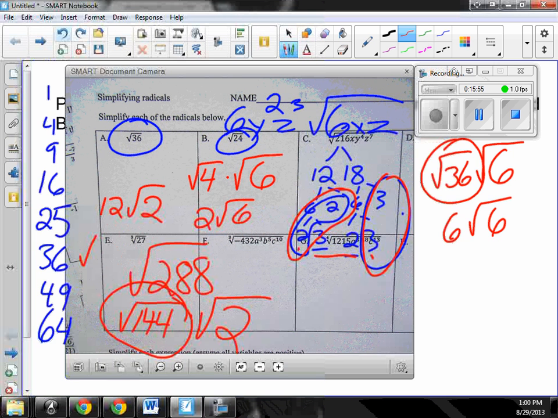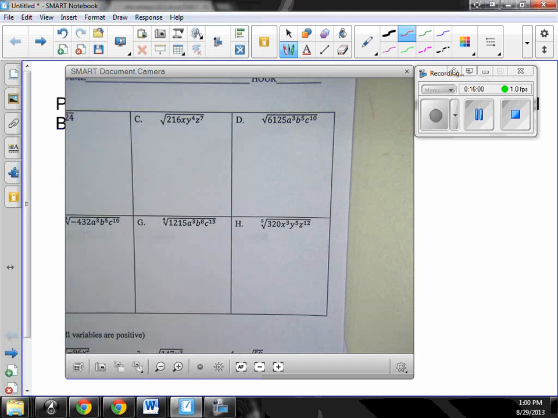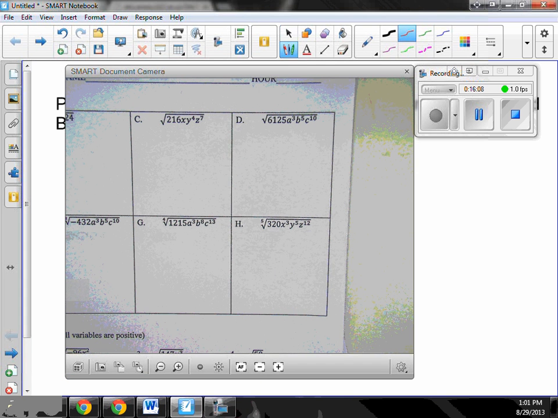Let's look at part D. What do I know goes into D? 5 does. What else? If we add the digits, we get 3 works. Well, what goes into something that ends in a 25? 25 will go into it, and if 25 and 3 go into it, then 75 must.